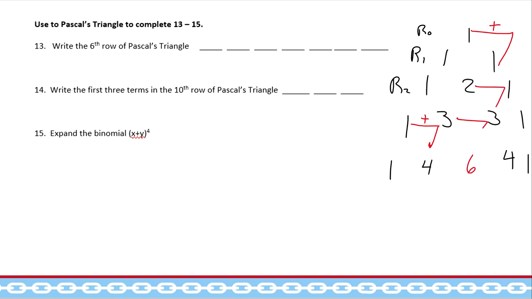So we can continue that pattern on for Pascal's triangle. 1, 5, 10, 10, 5, 1, and then 1, 6, 15, 20, 15, 6, 1. So that would be our 6th row of Pascal's triangle.